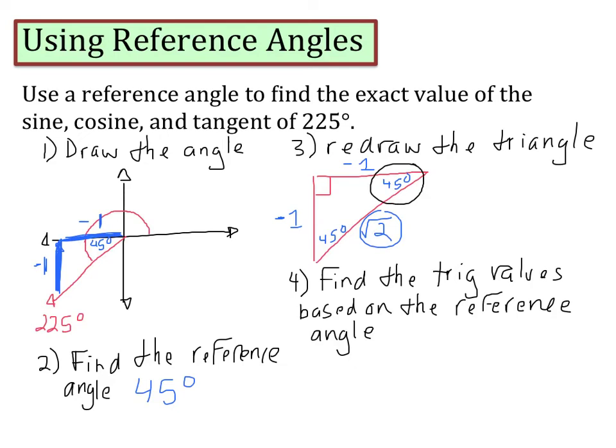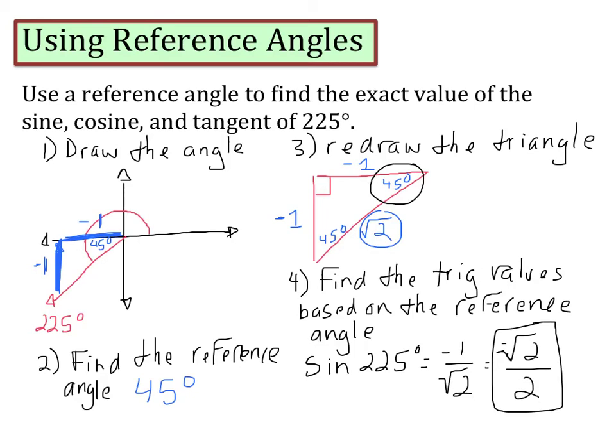So we're going to find sine of that angle. Well, we know sine is opposite over hypotenuse. So we have negative 1 over the square root of 2. Now we convert that to be negative square root of 2 over 2.